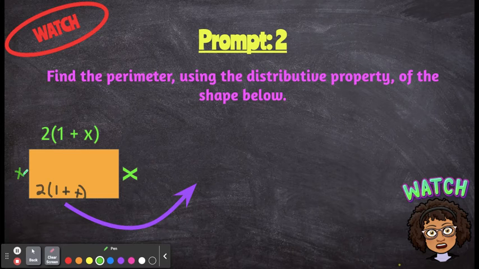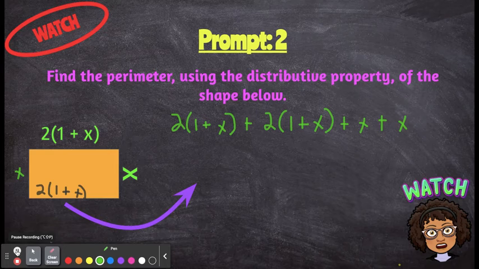And now I'm putting it all together. So now we see I put it all together. 2 parentheses, 1 plus x parentheses, plus 2 parentheses, 1 plus x parentheses, plus x plus x.